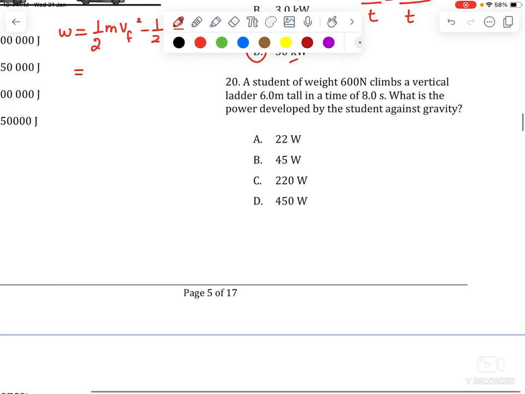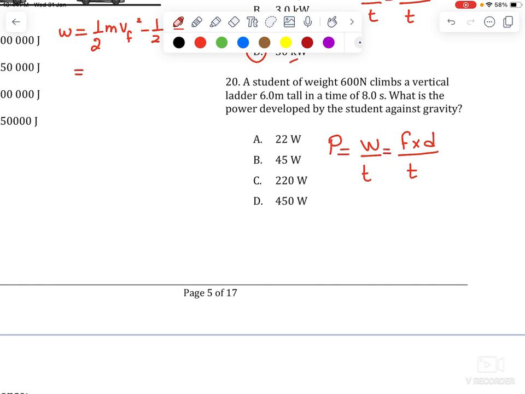Number 20, you have a student of weight 600 Newton who climbs a vertical ladder, 6 meters tall, in a time of 8 seconds. What's the power developed by the student against gravity? So the power is actually the work done by gravity. So the force means the weight, and so the force is mg, that's the force, and d divided by the time.